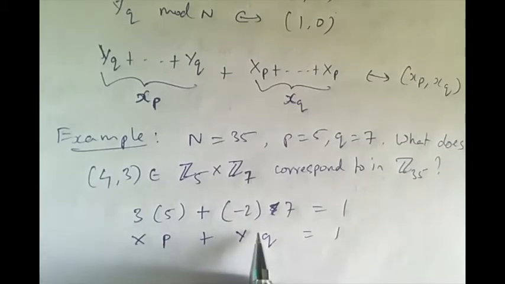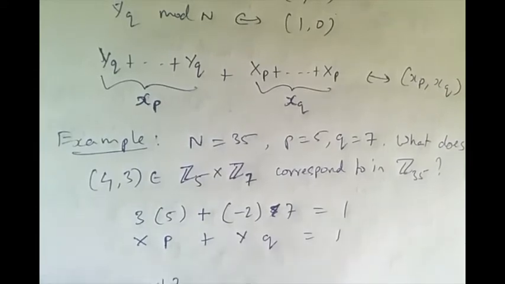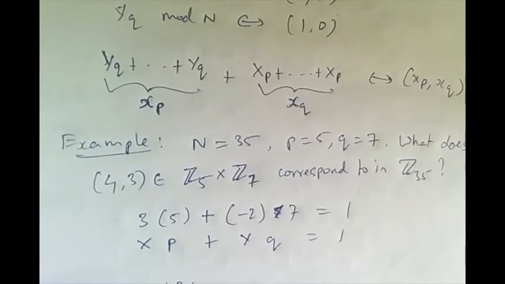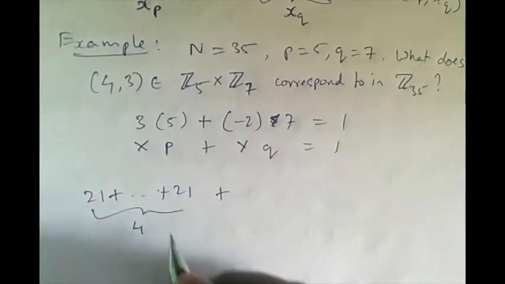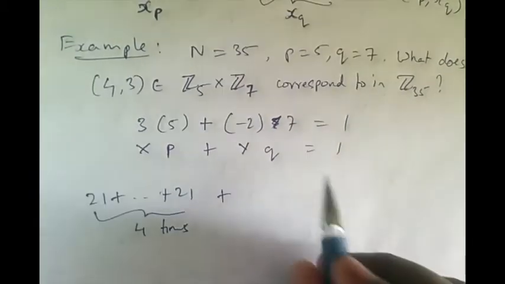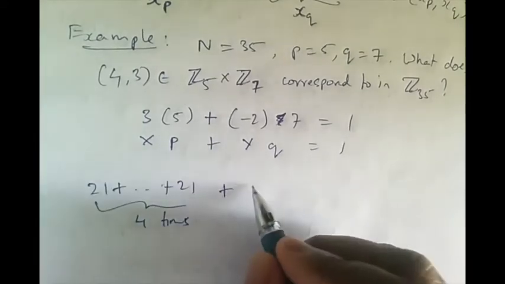That is just 21. So 21 added to itself 4 times plus, and XP has to add XQ number of times, 3 times. So 15, 3 times.